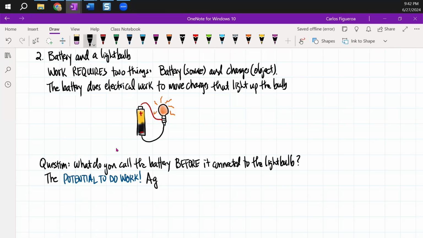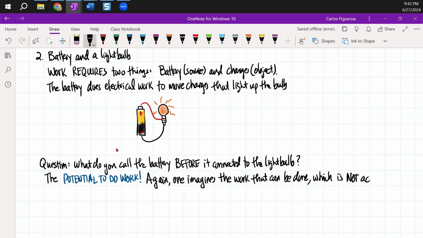Again, one imagines the work that can be done, which is not actual work.